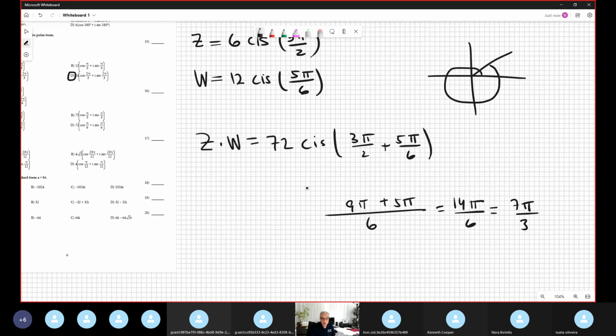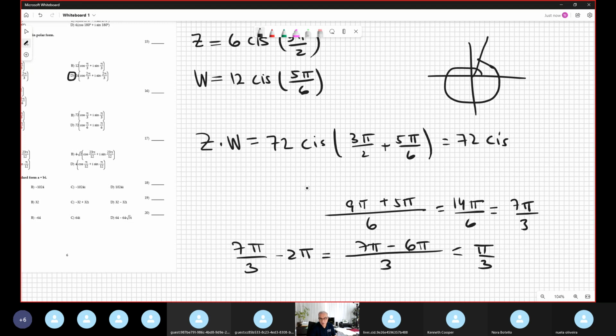You subtract 7 pi over 3 minus 2 pi; the LCD is 3, so 7 pi minus 6 pi gives pi over 3. So 7 pi over 3 is one revolution, 2 pi, plus pi over 3, which is exactly 60 degrees. So my angle is actually not 7 pi over 3. It's 72 (cosine + i sine) of pi over 3.